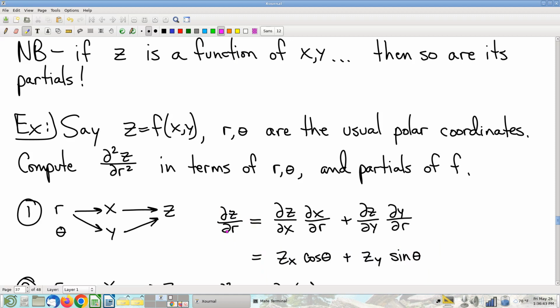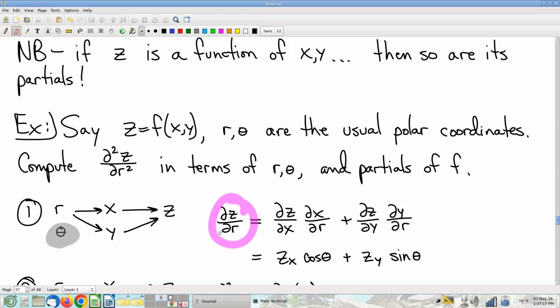The intention of the diagram is just to recognize that x is a function of r and theta, and that y is a function of r and theta. But once I realize that I'm only interested in how to get from r to z, these are the only of those arrows that I actually care about. I don't really care about what may have been a function of theta, because theta is a constant now, because I'm taking a partial derivative with respect to r. Does that make sense? Yeah.